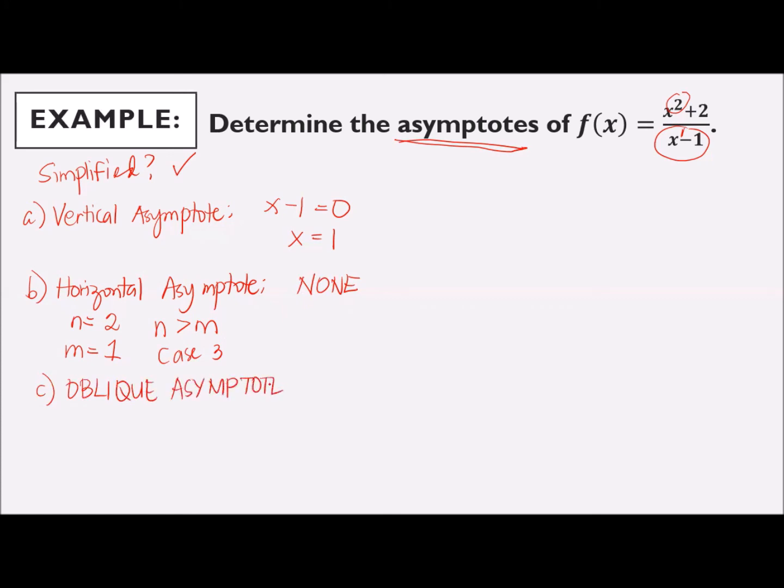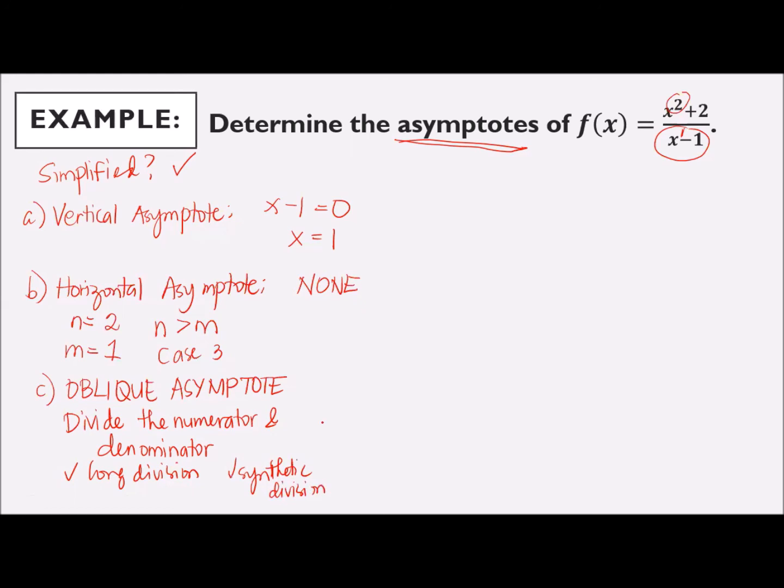Okay? So, sa oblique asymptote, we're going to divide the numerator and the denominator. May ibang ways. Okay? Pwedeng long division. Pwede ring synthetic division. Okay? So, for this video lesson, para mas madalian tayo, sa akin I suggest yung synthetic division.